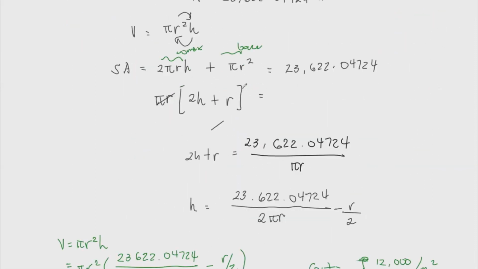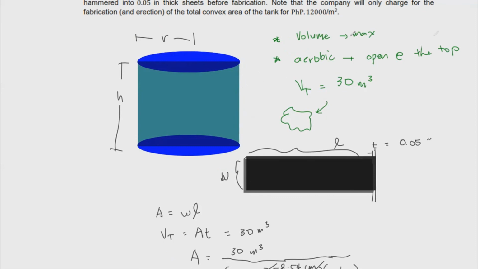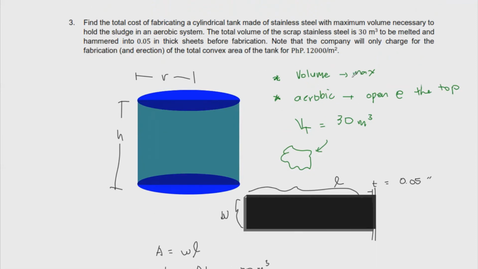Okay, so this is the process that we need to do, and you might be noticing that we actually applied something like an open system here, just to know that it's open at the top. So there are quite a number of problems where you will be using concepts in engineering and physics or chemistry. And by the way, this cost, something like fabrication, is actually engineering economics.